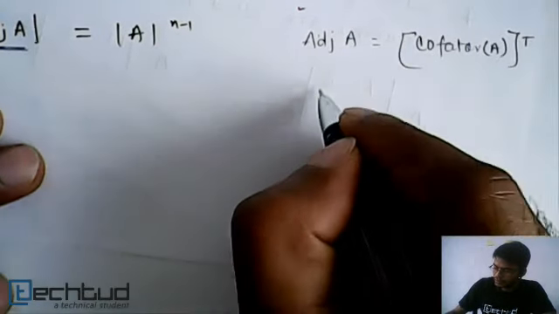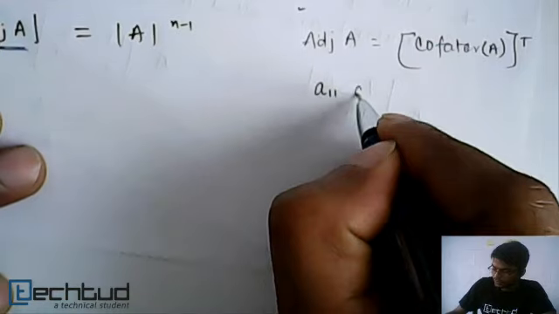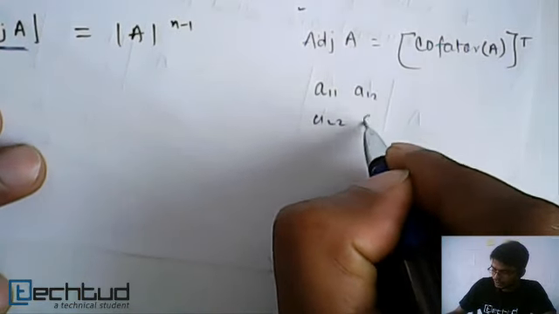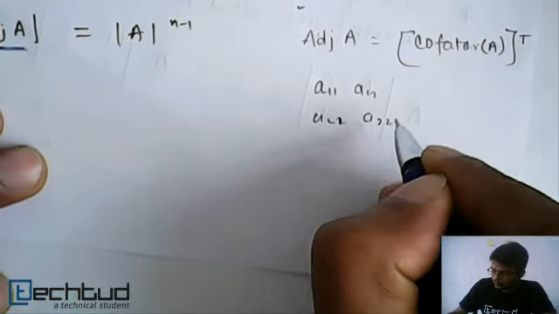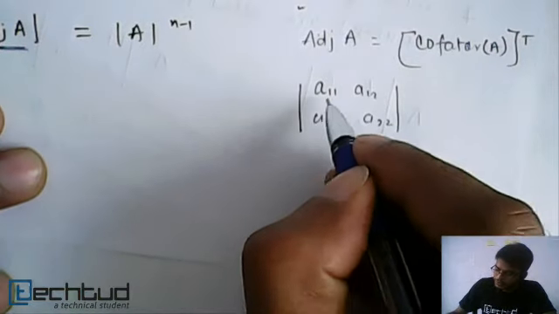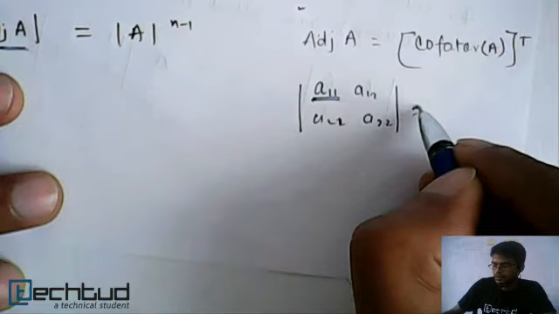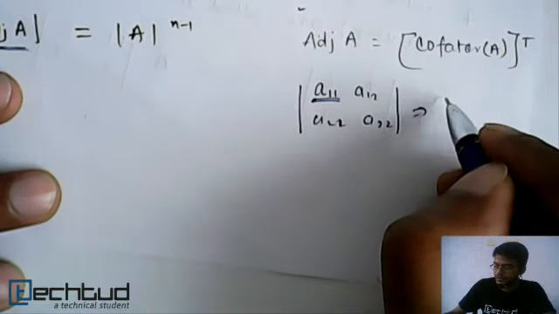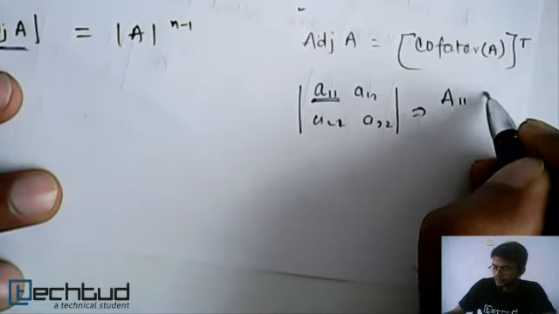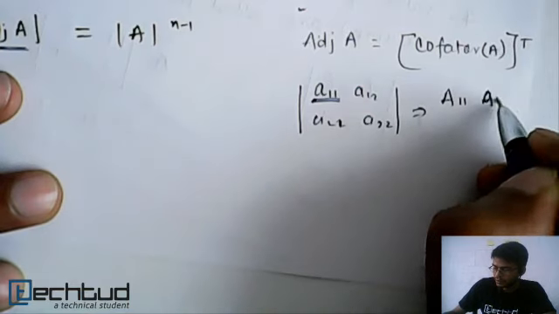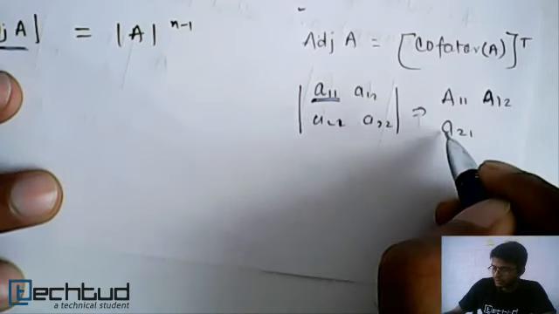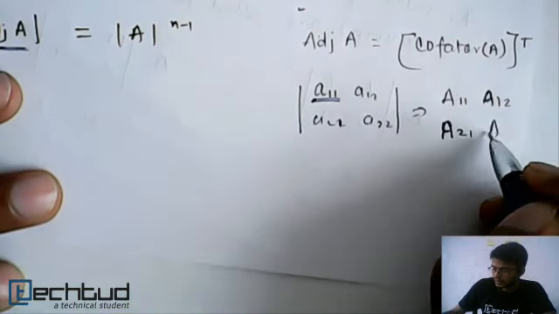For example, if you have a11, a12, a21, a22, you replace each element with its cofactor, which is A11, A12, A21, A22.